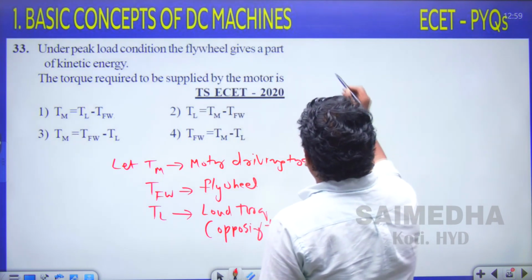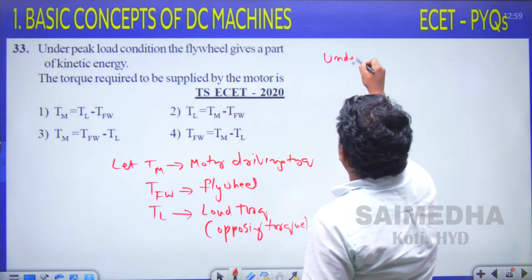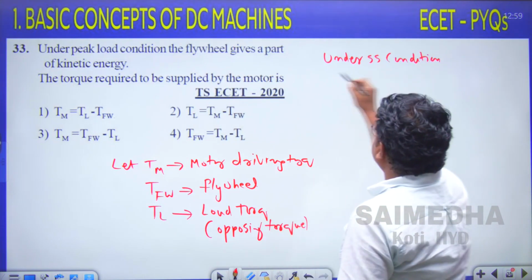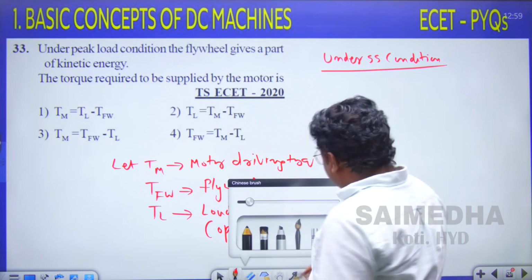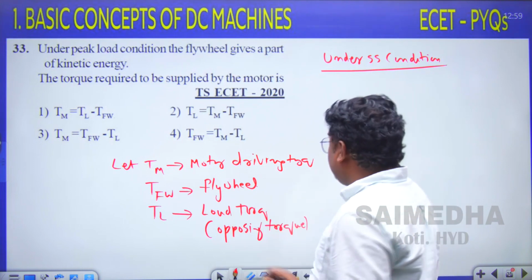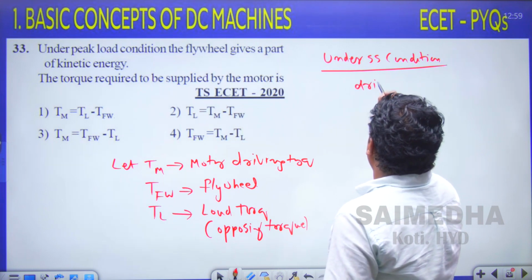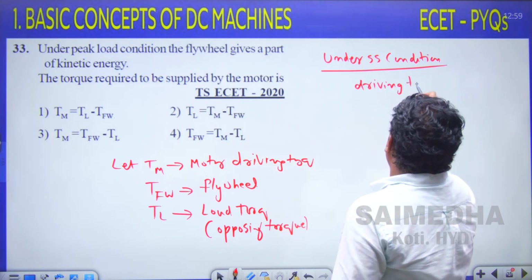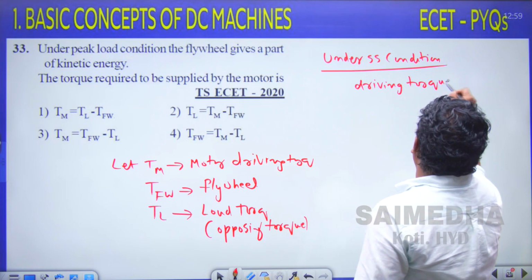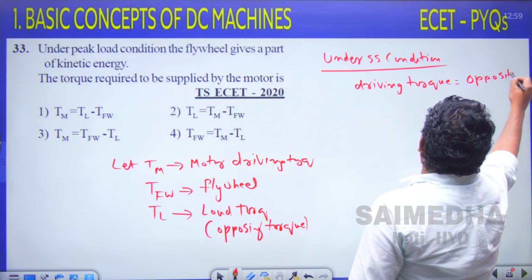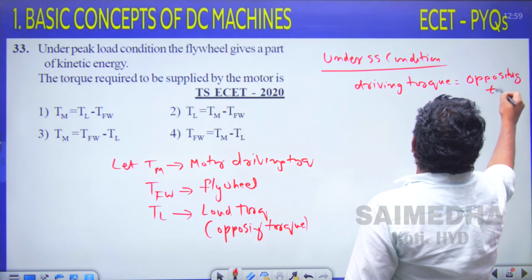Now, under steady state condition, the driving electromagnetic torque of the motor is always equal to the opposing torque of the motor.